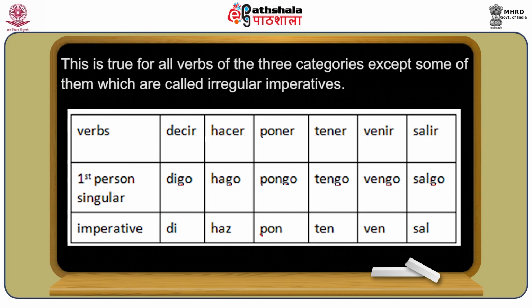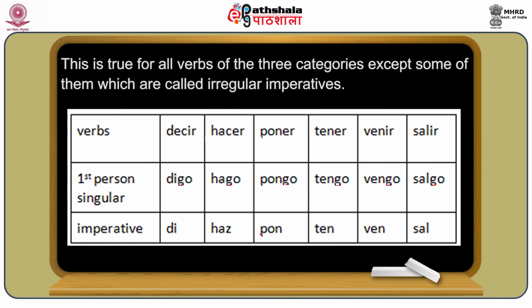So for the verbs ending in go in the first person singular form except hacer, in order to make the imperative, we simply remove go from that verb and the imperative will be what remains. For example, the first person singular of decir is digo, so we remove go, and the imperative in tú form is di.